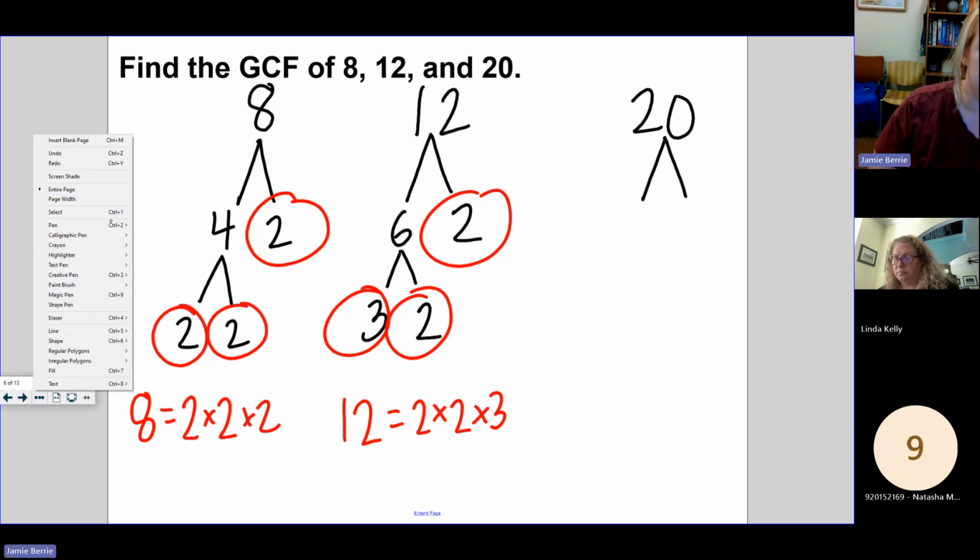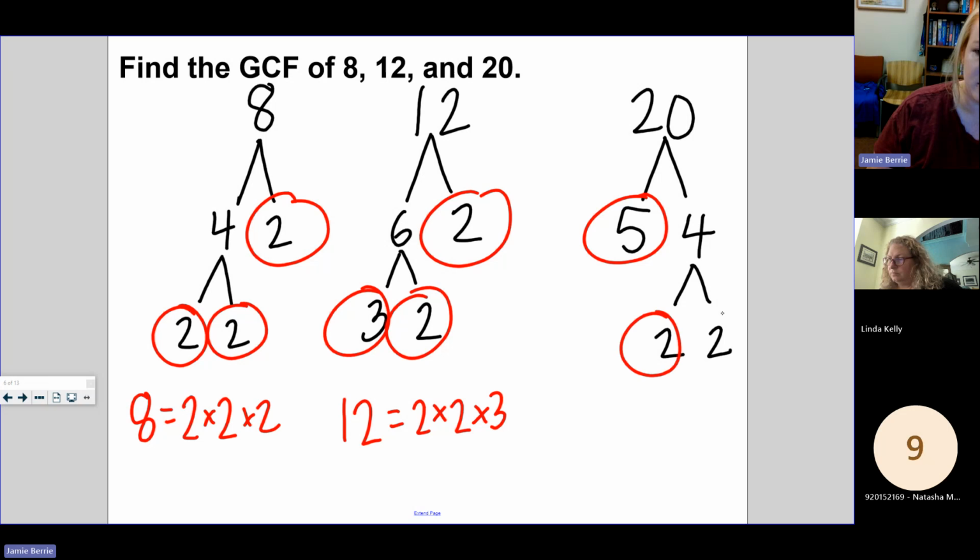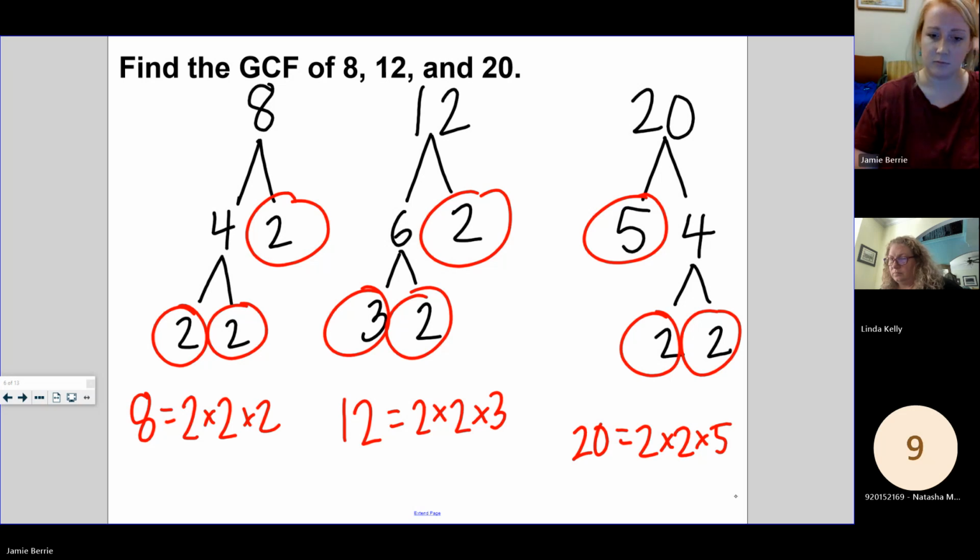And then for 20, we could do 10 and 2, or we could do 5 and 4. Either way would be fine. I think I'm going to do 5 and 4. Then 4 gets broken down into 2 times 2. 5 is prime, 2 is prime, so I am in my prime factorization. So 20 is 2 times 2 times 5.